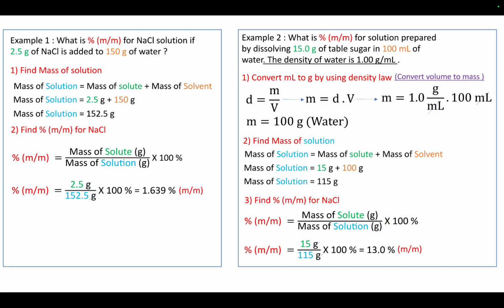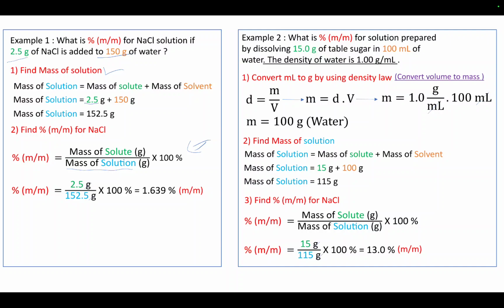So this 150 gram is the mass of solvent, not solution, because in this law, mass over mass percent, we have mass of solute over mass of solution. Mass of solute is already given, 2.5 for NaCl, sodium chloride, but mass of solution we need to find in step number 1. So mass of solution is mass of solute plus mass of solvent, 2.5 plus 150, which gives us 152.5 gram.